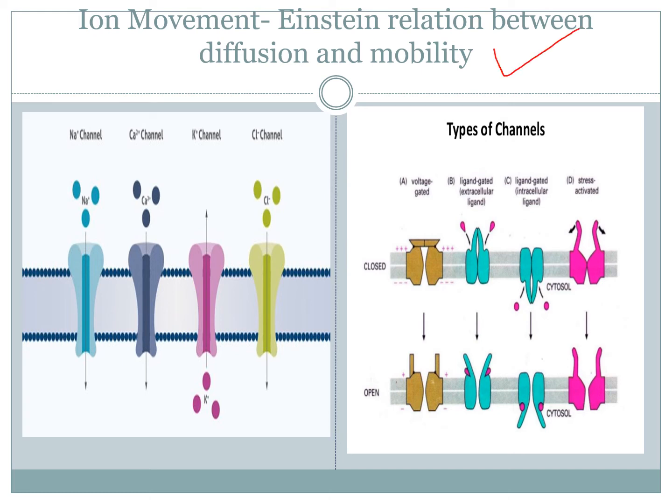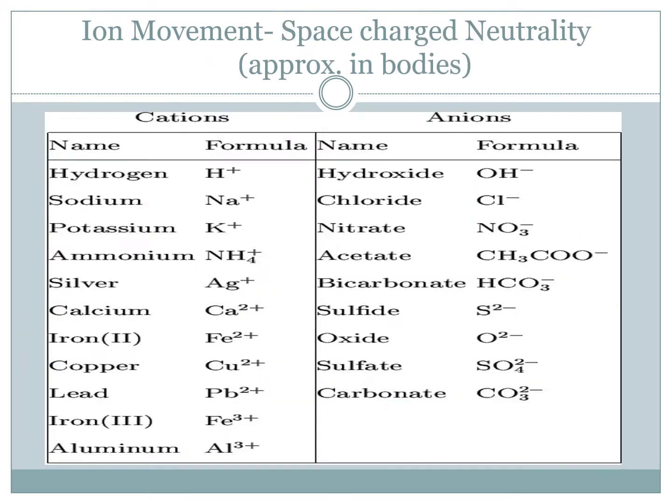The final rule is a physics rule. We have to change it a little bit when dealing solely with the body, but it does play a pretty big role. We won't really be referring to it much in this particular lesson, but when we start talking about acid-base balances and things like that within the body, then the fourth rule of space charge neutrality plays a much bigger role.